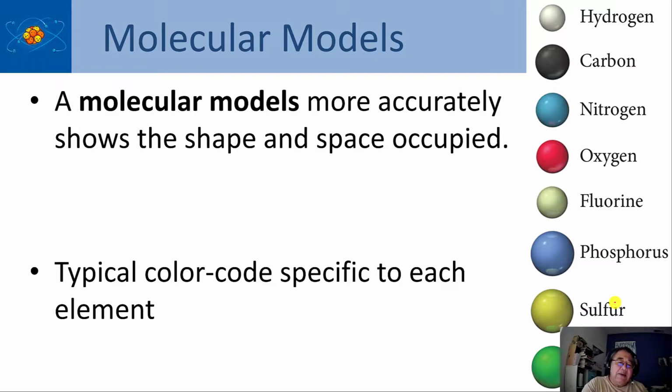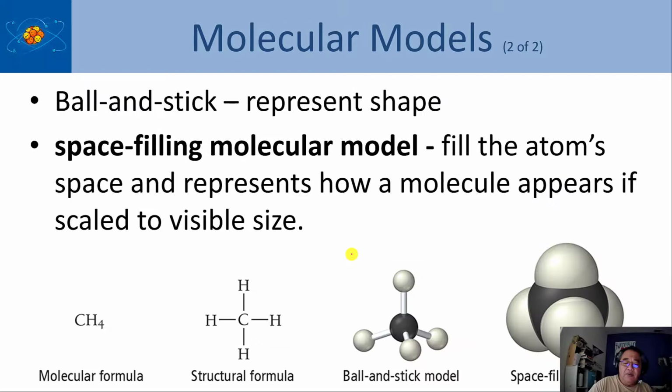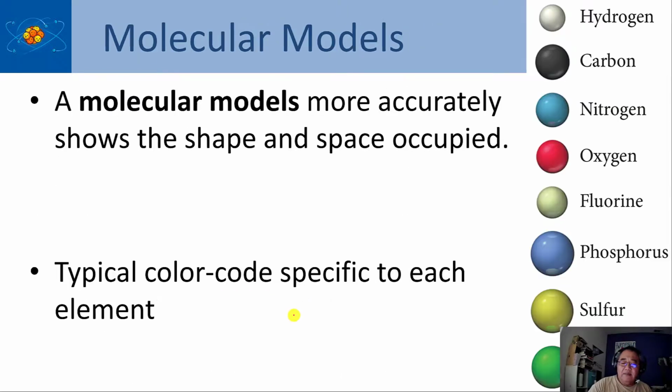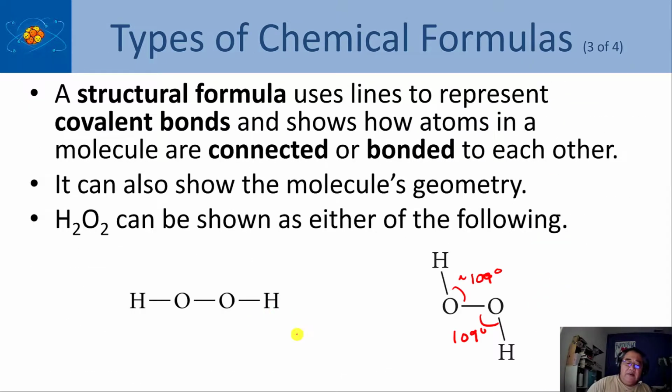And a molecular model is like a more accurate structural formula because it shows you a physical shape of the molecule. You have to remember that when we do things like this here, even though we're trying to represent it, it is actually two-dimensional.